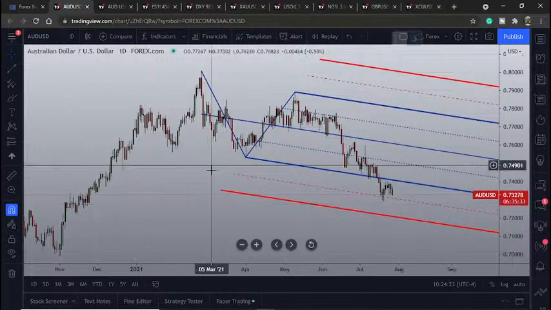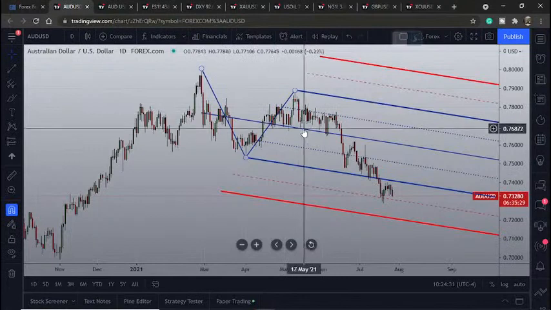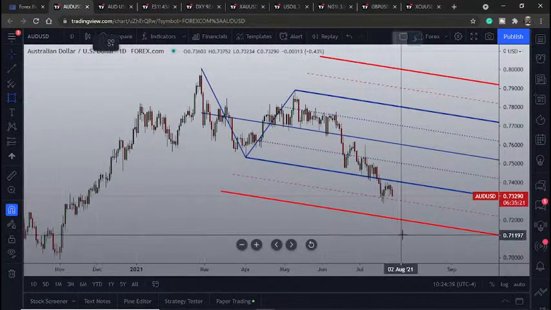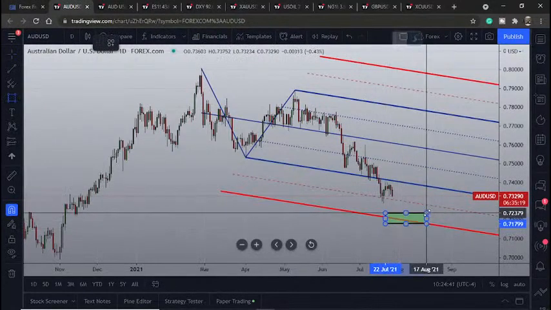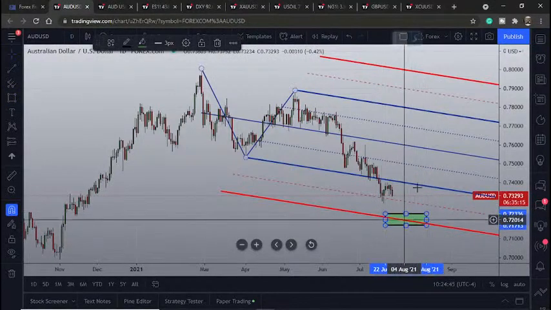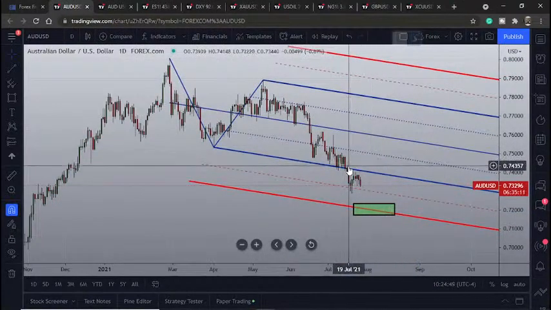The shift pitchfork's been working really well here. We had support finally broken, and we likely, I won't say immediately, but going to gravitate towards this lower red warning line here, which might provide short-term entries to the upside if that is a trade you want to take.